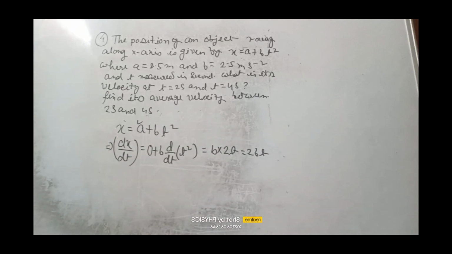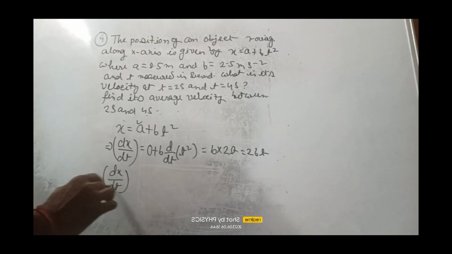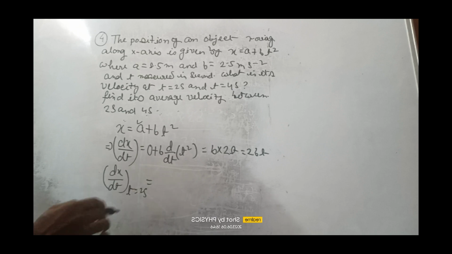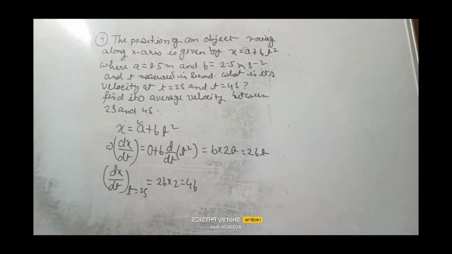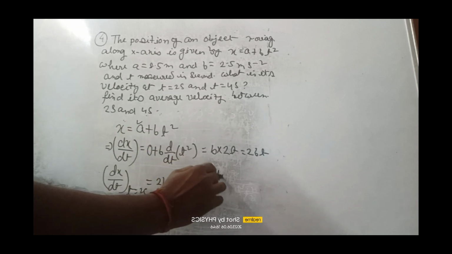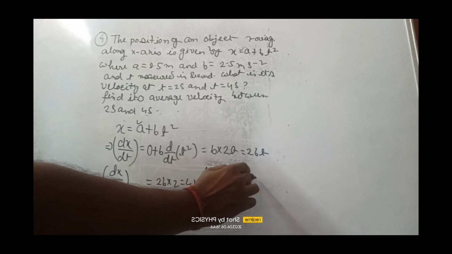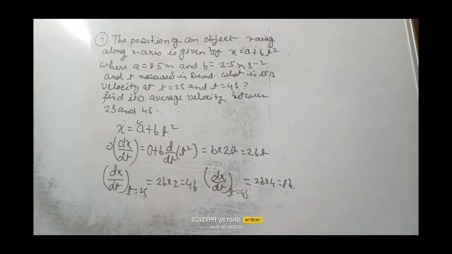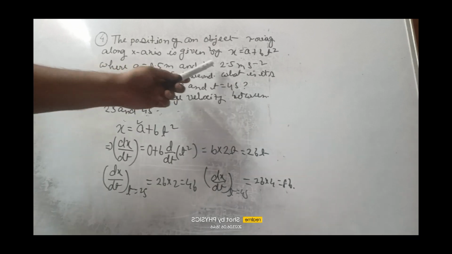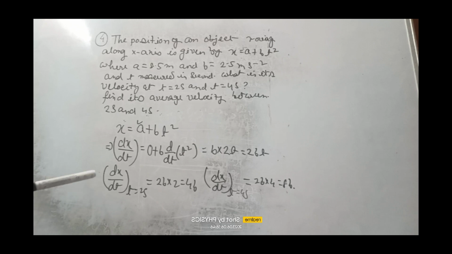Now the velocity at t equals 2 seconds, dx by dt at t equals 2 seconds equals 2b into 2, that is 4b, and at t equals 4 seconds, dx by dt equals 2b into 4, that is 8b. Now putting b equals 2.5, we will get the velocities at t equals 2 seconds and t equals 4 seconds.